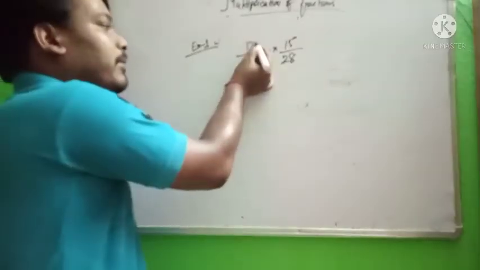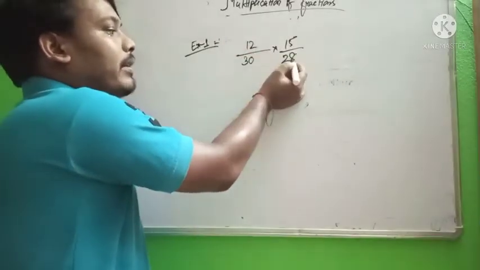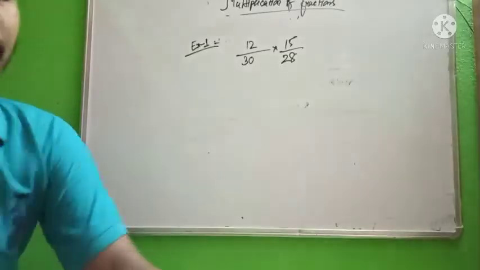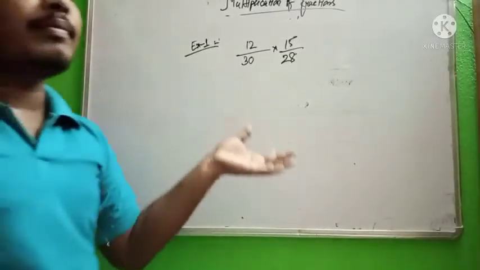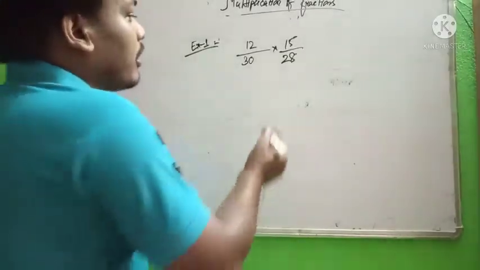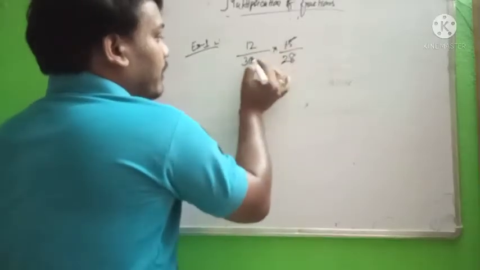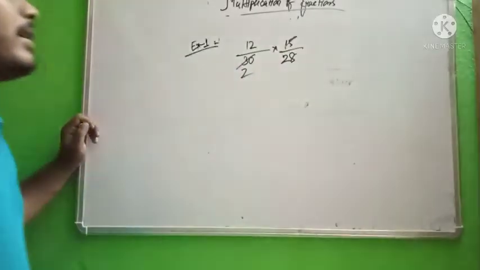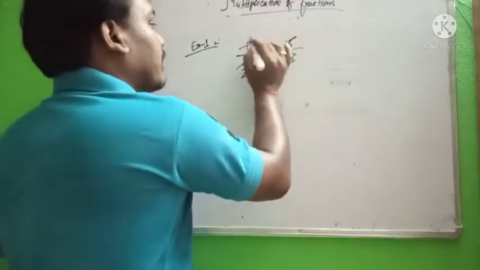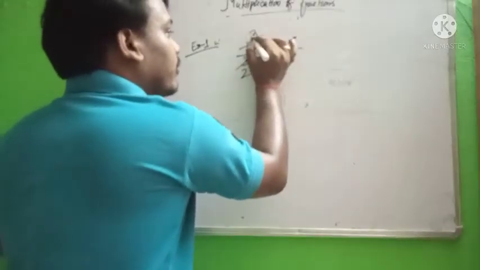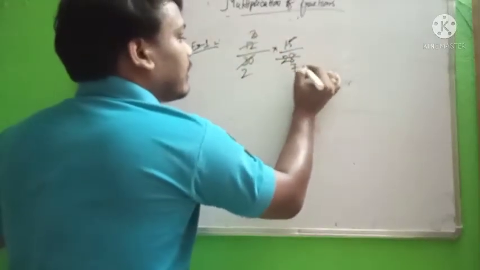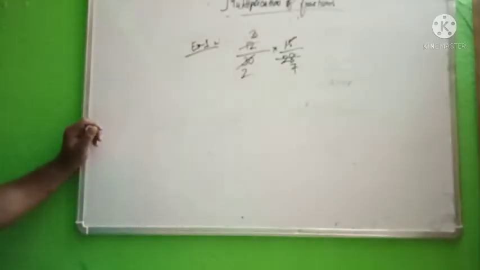So we can cut 12 and 30, we can cut 15 and 30, and 12 and 28. First we cut the values, after that we multiply the remaining values. If we cut by 4, 4 3s are 12 and 4 7s are 28.